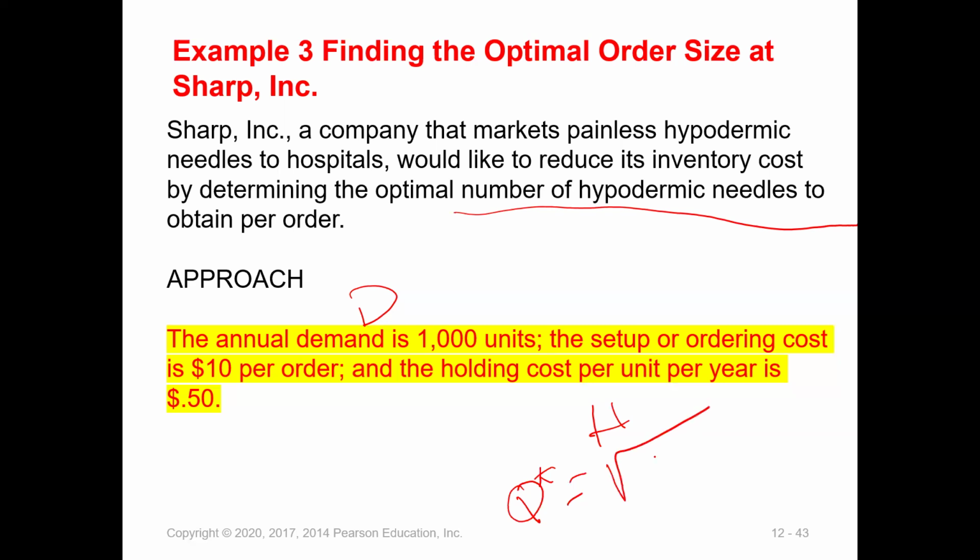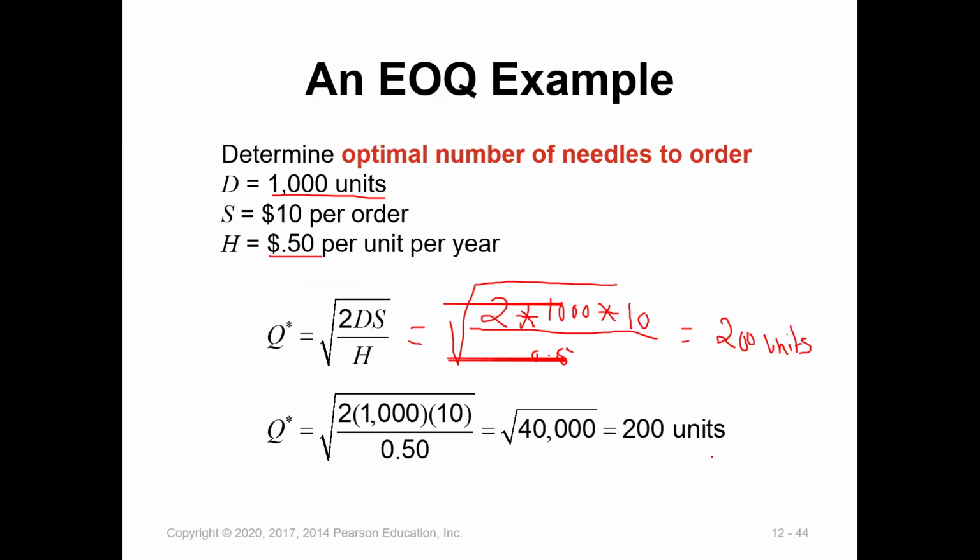So we need to calculate Q star. We said Q star is equal to the square root of 2DS over H, right? Let's do it here. So D is 1,000 units. S is 10 per order. H is 0.5 per unit per year.